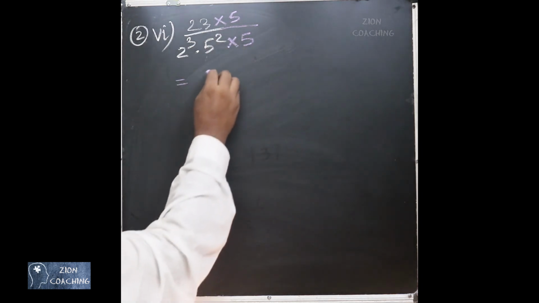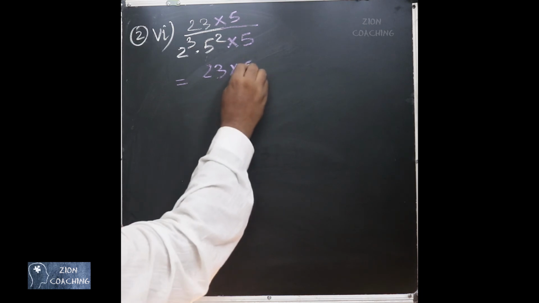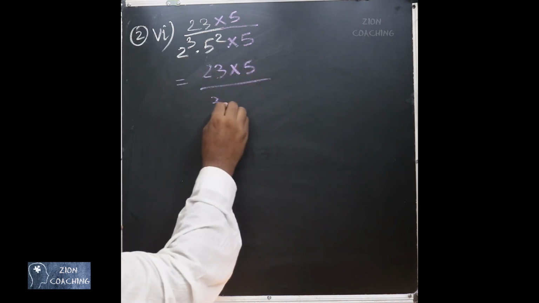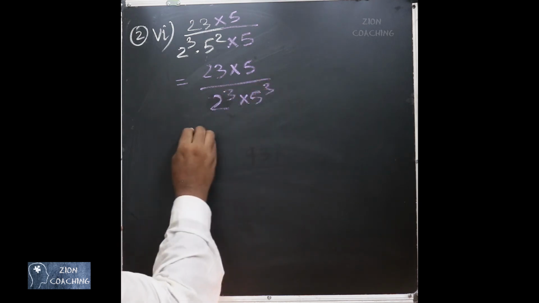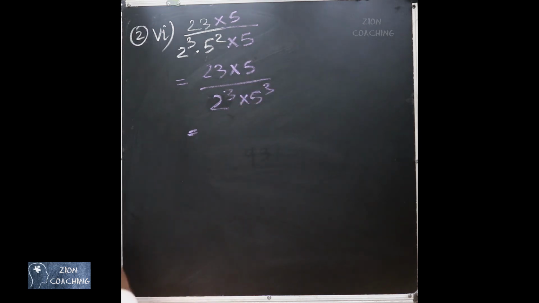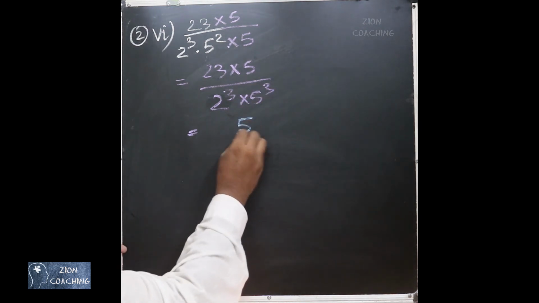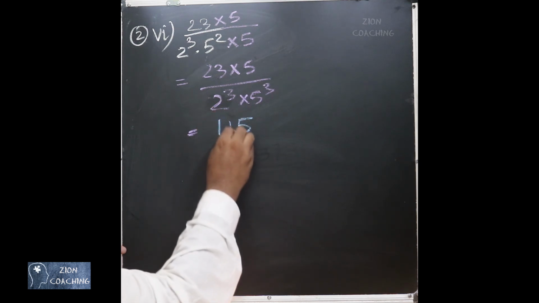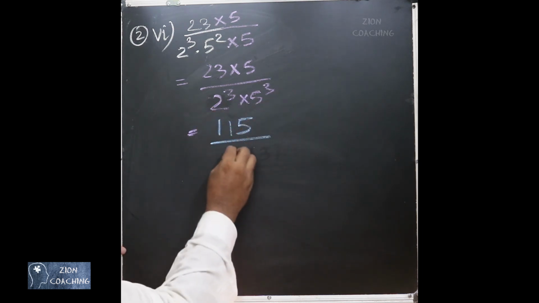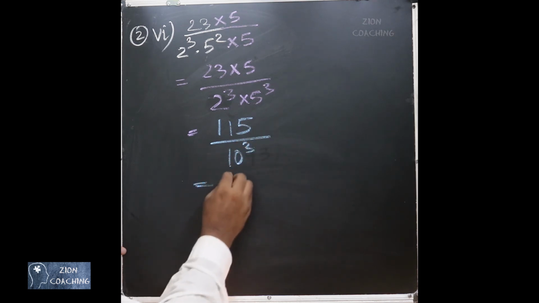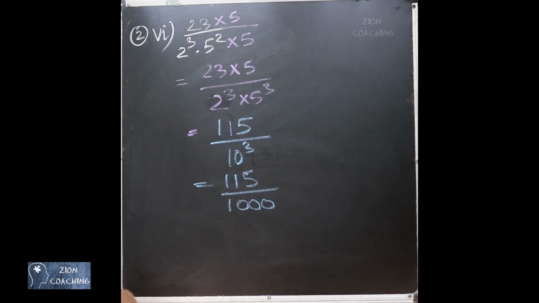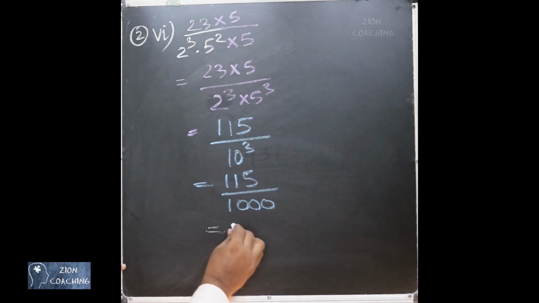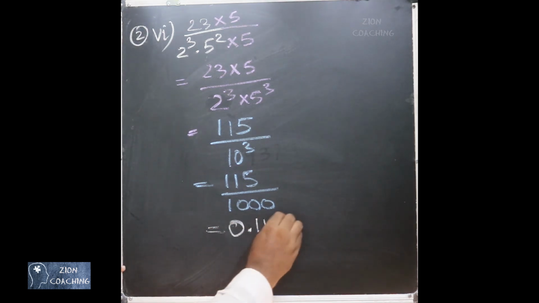What you get is 23 into 5 by 2 cube into 5 cube. 23 into 5: 3 5s are 15, carry 1; 2 5s are 10, plus 1 is 11. The denominator 2 cube into 5 cube is 10 cube. So it is 115 divided by 1000. Since there are 3 zeros in the denominator, the answer should have 3 digits after the decimal point. So the answer is 0.115.